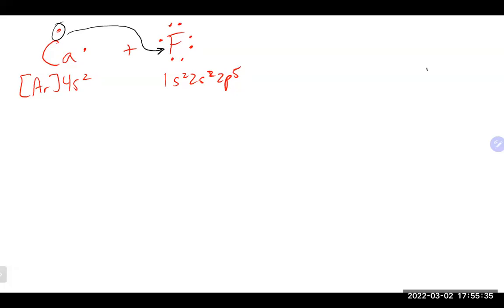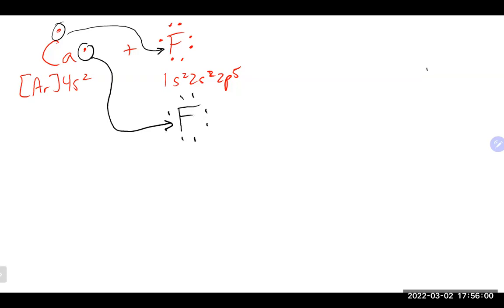At this point, what happens to our fluorine? Can it take any more electrons? It cannot. And calcium, as we just talked about, is not super happy with only giving up 1 electron, right? So in this case, to make sure everybody's happy, not just fluorine, we would need 1 more fluorine here to take that 2nd electron.